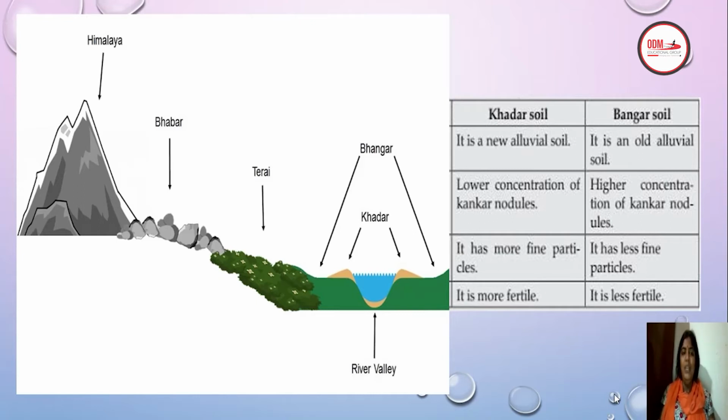Initially, where the boulders are deposited, it is called Bhabar. Then it goes into densely forested, very swampy, wet areas, which are called the Tarai region. And then come your Khadar and Bhangar.